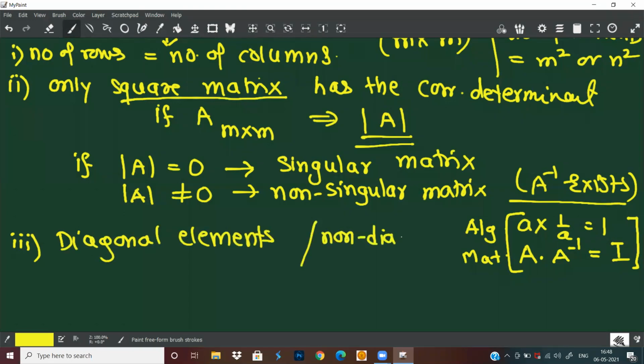जो diagonal में नहीं है वो non-diagonal elements. अभी I will give you an example, you can understand better.